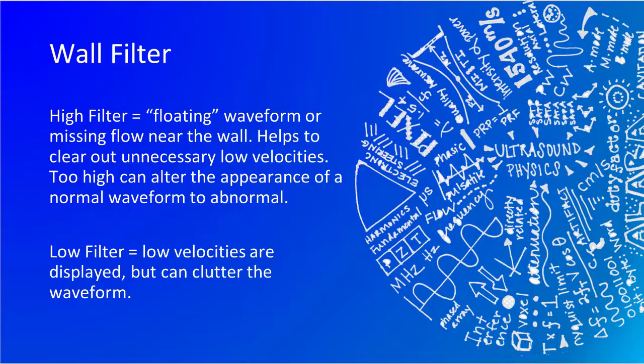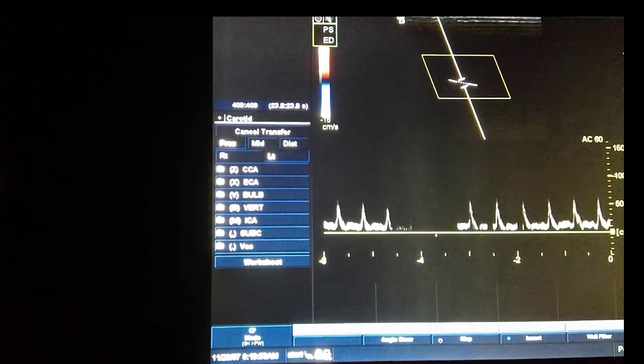Now the next concept that we will talk about is the idea of the wall filter. Now the wall filter is responsible for kind of getting rid of some of those low level echoes that are returning that are very close to baseline. So remember, our baseline is this yellow line in the middle.